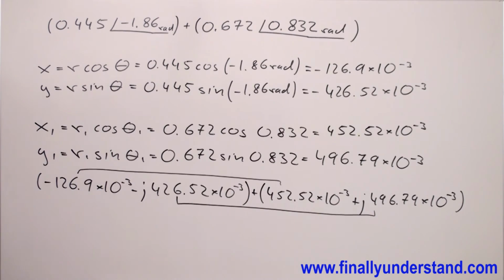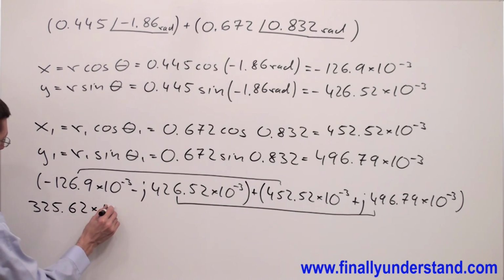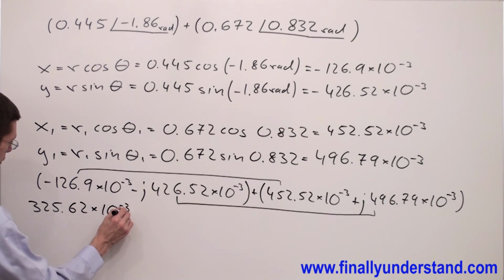So negative 126.9 plus 452.52 is equal to 325.62 times 10 to negative 3.